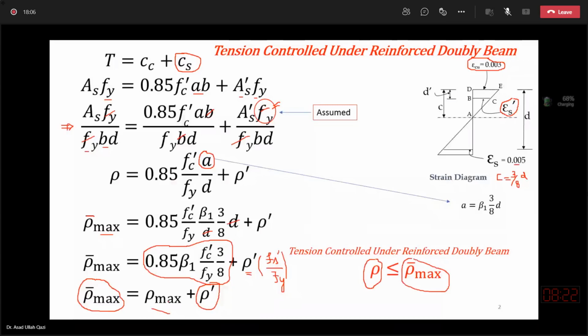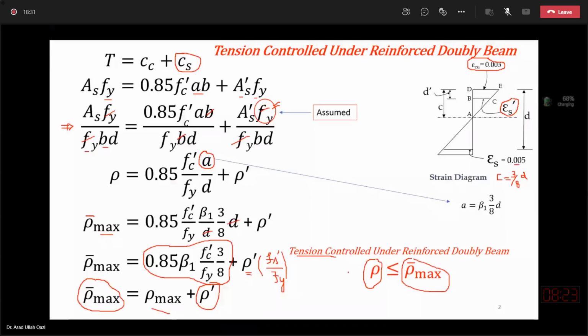When you have the rho max in hand and you know the rho of the given cross section, if rho is equal to or less than rho max, you can be confident to state that this doubly beam is tension controlled, under reinforced, and its steel will excessively yield when finally failure takes place. So it is a ductile doubly beam.